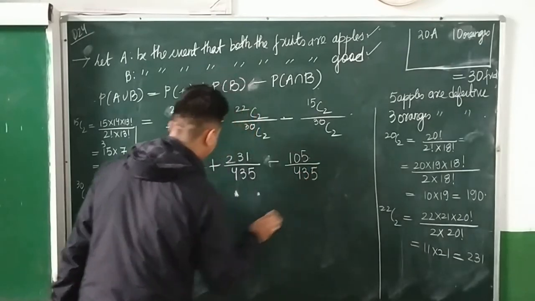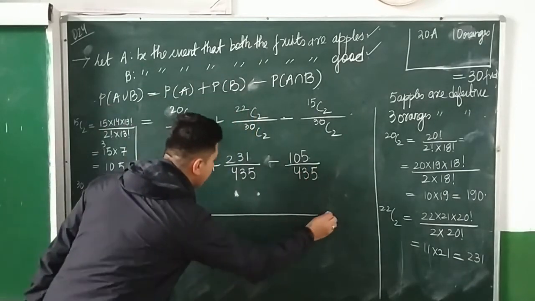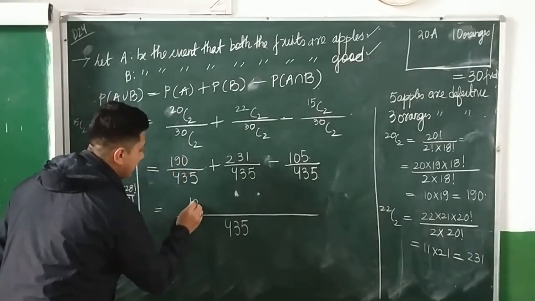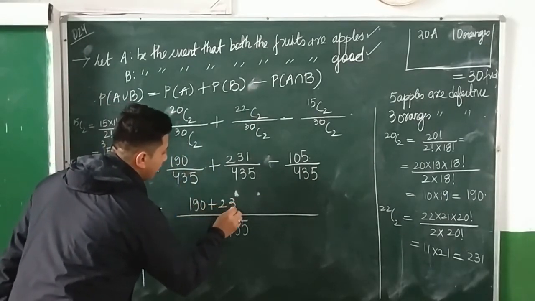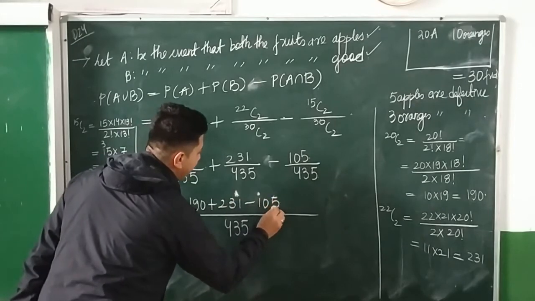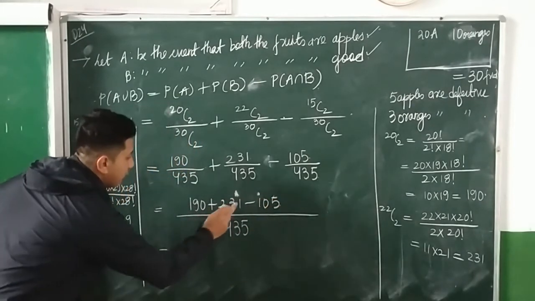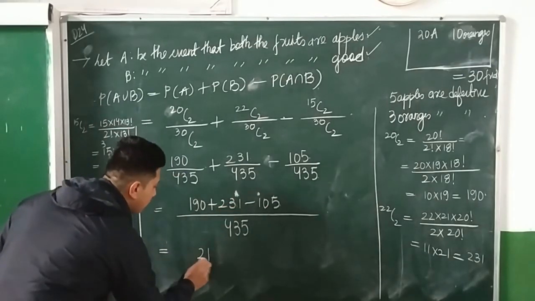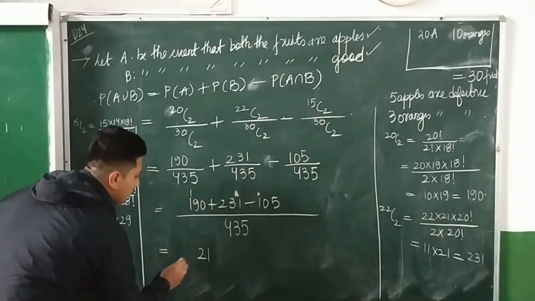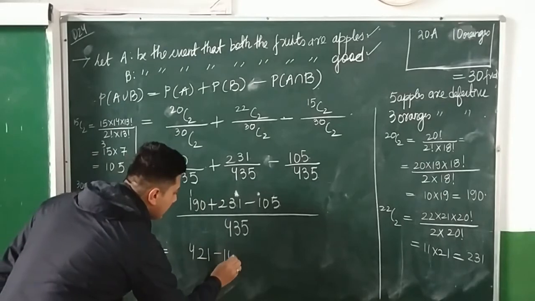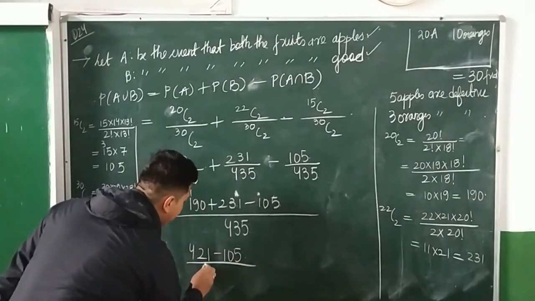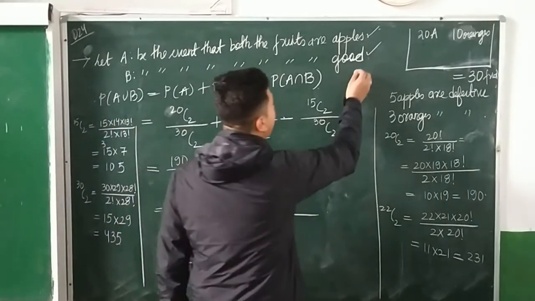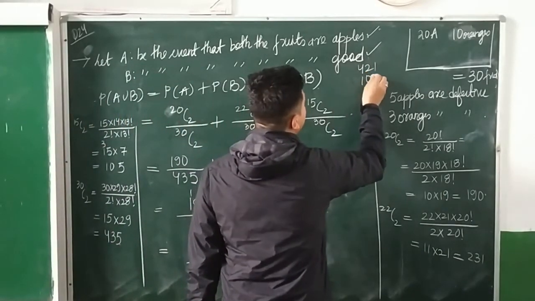Take the LCM as 435, so this will be 190 plus 231 minus 105 divided by 435. 190 plus 231 is 421, so this will be 421 minus 105 divided by 435. Let us calculate 421 minus 105.